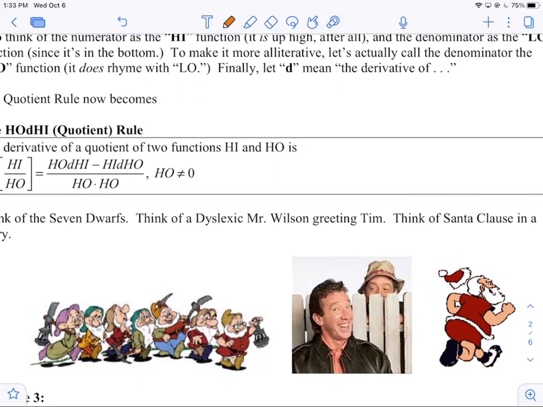Now, look at this. I put this image here. This is a little obscure. This is because of the denominator, right? If Santa Claus is in a hurry, he's trying to get fit for Christmas, but he doesn't have time. Santa Claus normally says what? Ho, ho, ho, three times. But Santa Claus in a hurry only says ho, ho. Gotta go, you know.